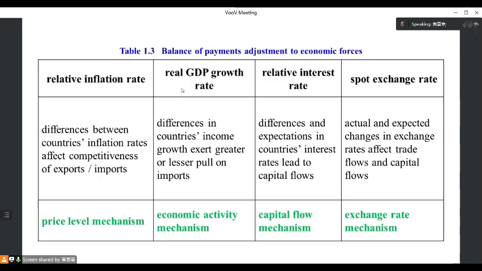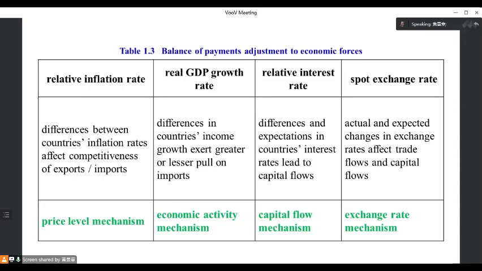Let's see real GDP growth rate. We should know the two concepts of real GDP and nominal GDP in macroeconomics.